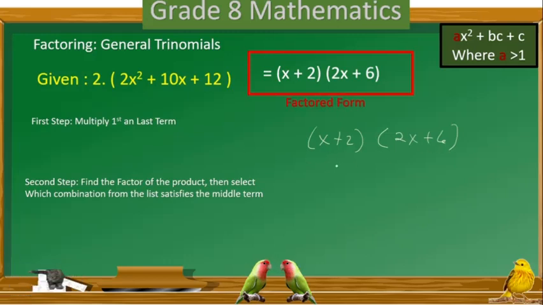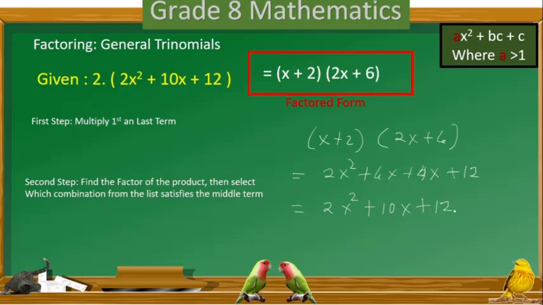We will use the FOIL method, that is x times 2x, that is 2x squared, then x times 6, that is 6x, then 2 times 2x, that is positive 4x, then 2 times 6 is positive 12, then combine like terms, 2x squared plus 10x plus 12.